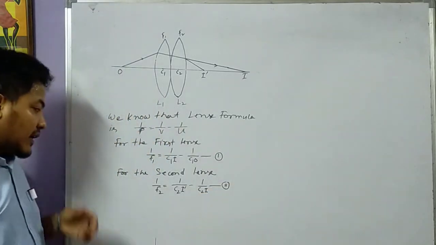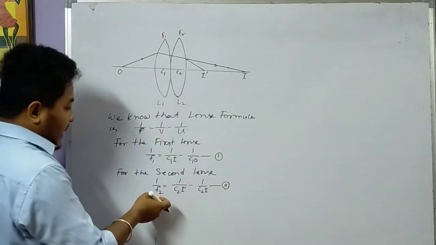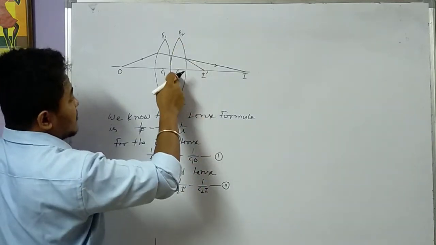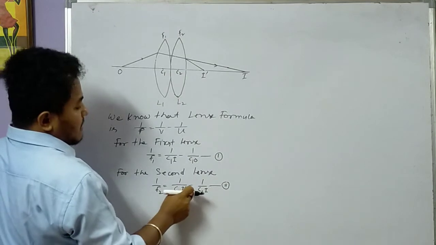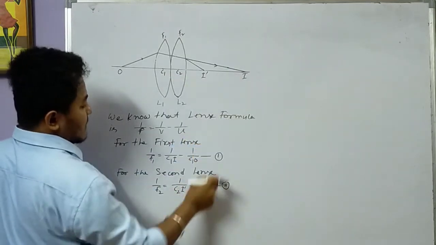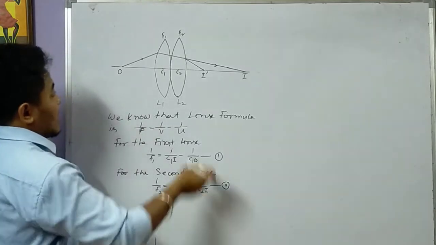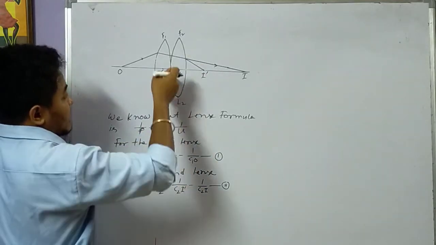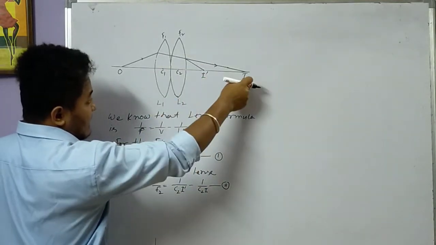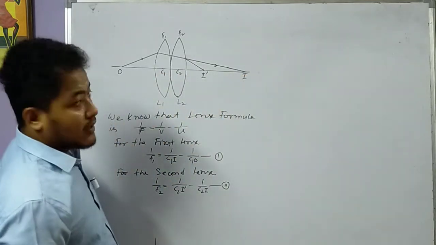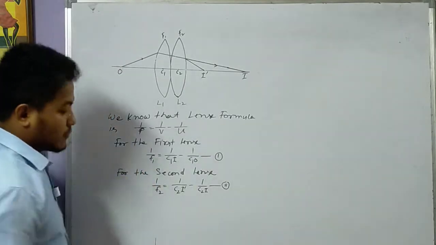Let us verify again. 1 by f2, that is 1 by v, the image for the second lens, is C2I dash minus 1 by C2I, which is your object distance. And for the first lens similarly, 1 by v is C1I, the image, and C1O is your object for the first lens. This is equation number 2.